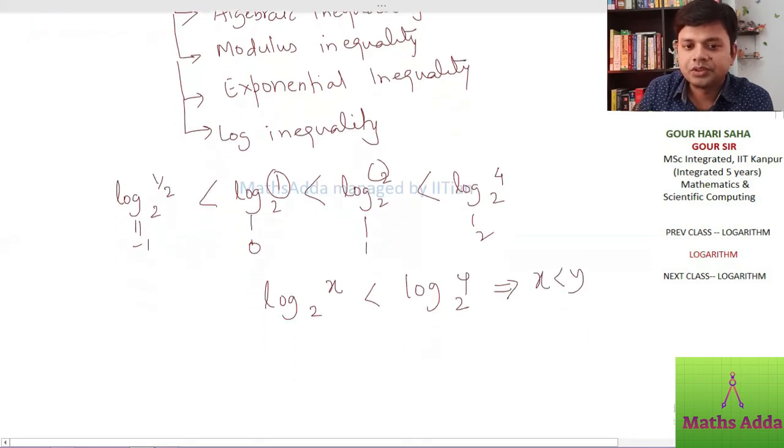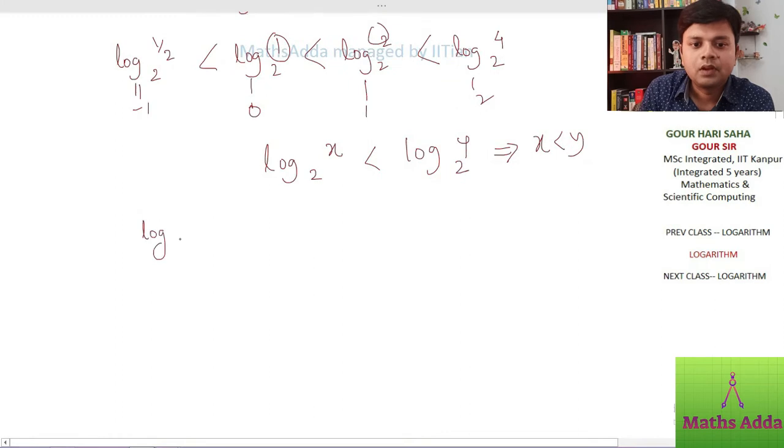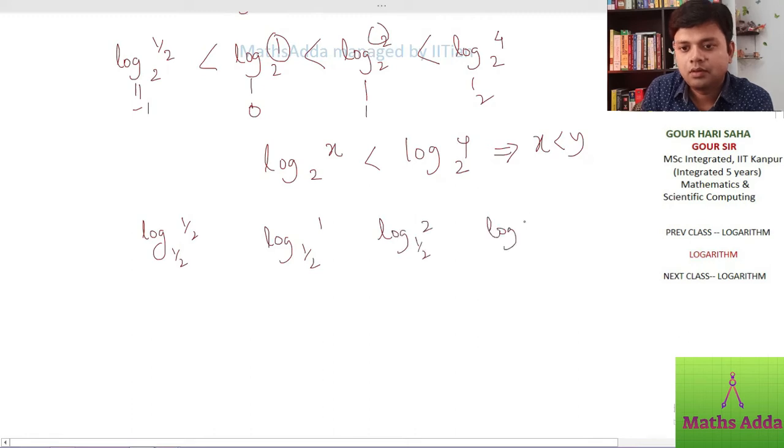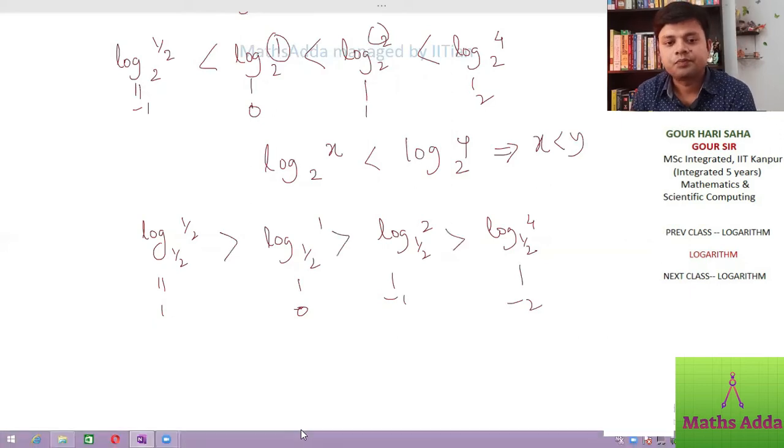Take one more situation. These four terms, now if you want to arrange in ascending order, this value is 1, this is 0, this is minus 1, and this is minus 2. Now you see this order has just reversed. Log half is greater than log 1, and log 1 is greater than log 2, and log 2 is greater than log 4.